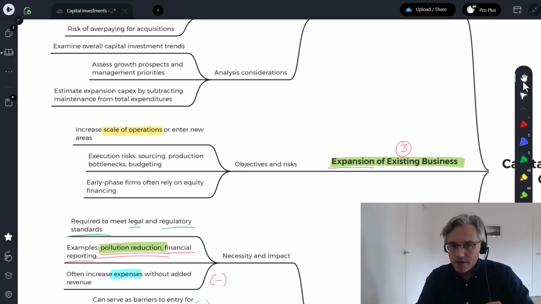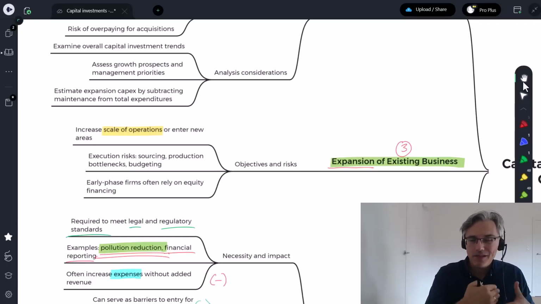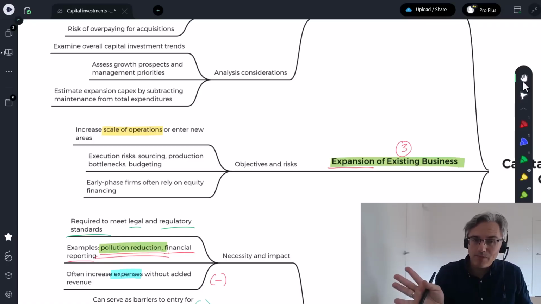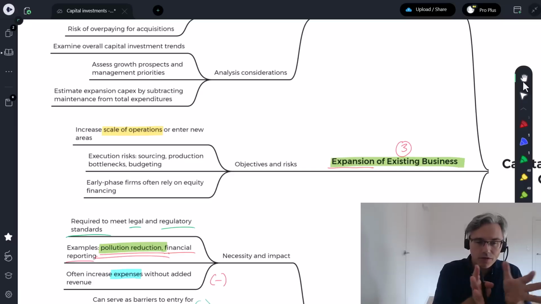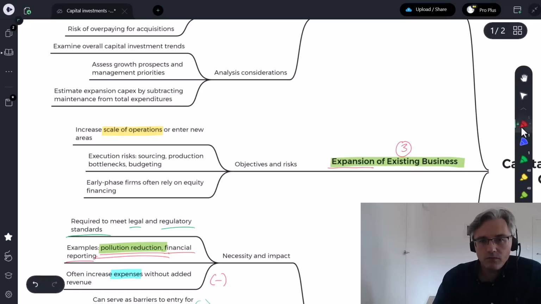So here we are primarily focusing on expanding what you already do. Now, the nice thing is that you actually know how that business line works. So you're merely expanding it and taking it bigger in an existing market, or taking it to a completely new market where you are not present yet. The risks are typical operational risks.